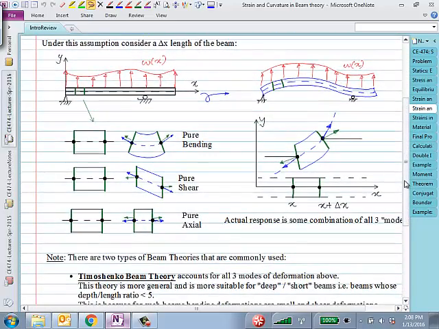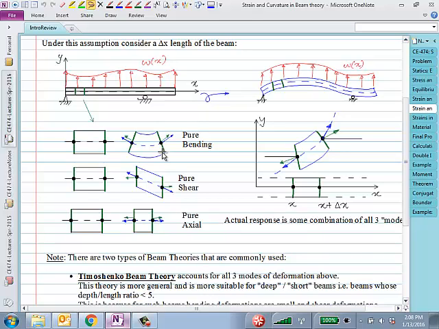So as I was just telling you, if you think of any two adjacent cross sections, there are three modes in which beams deform. One is a pure bending mode. Let's see, I can probably use this book. Think of any two adjacent cross sections in this beam.